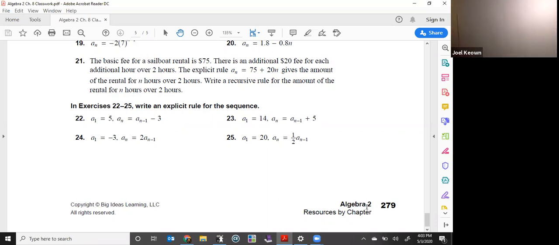Okay, so I'm going to pick two of those, and again, I'll do the odds on this one. 23 is a sub 1 equals 14, a sub n equals a sub n minus 1 plus 5. And then 25 is a sub 1 is 20, a sub n equals 1/2 a sub n minus 1.